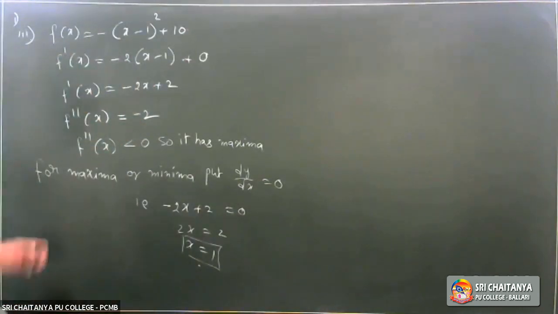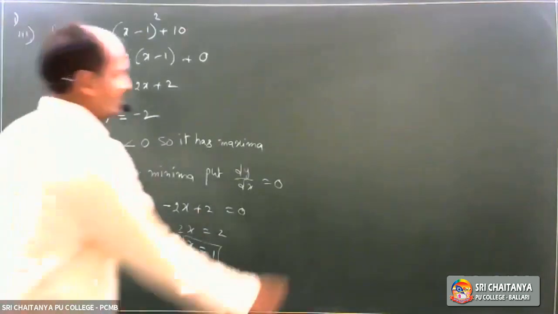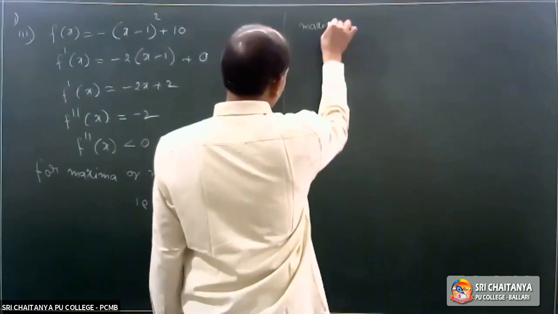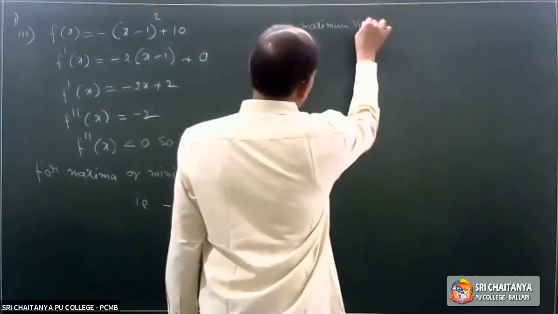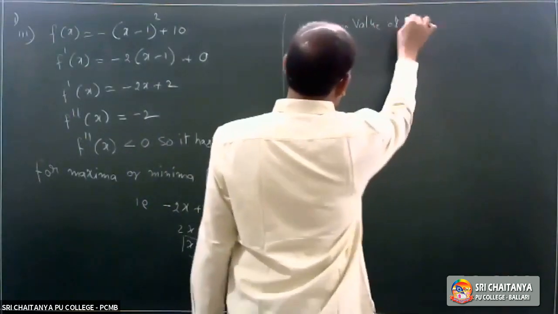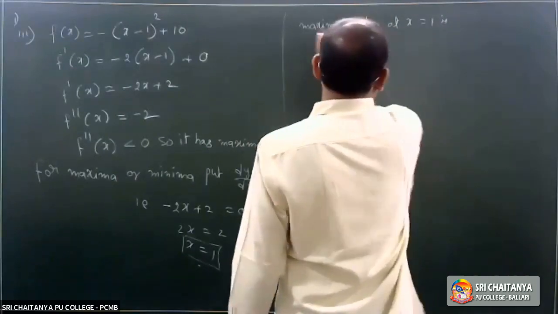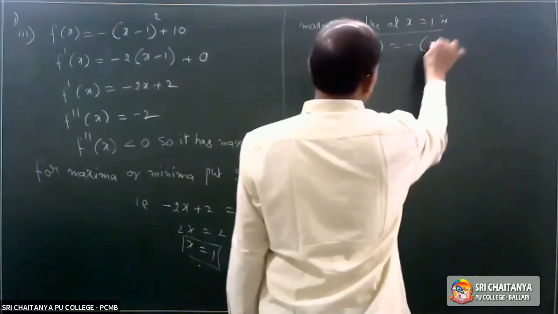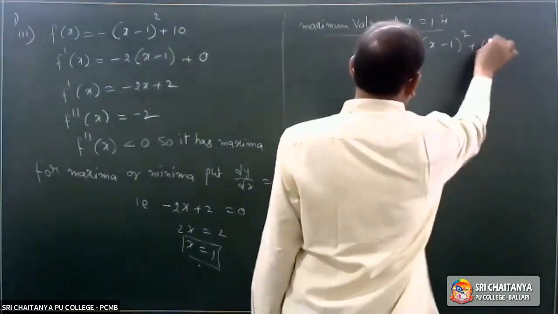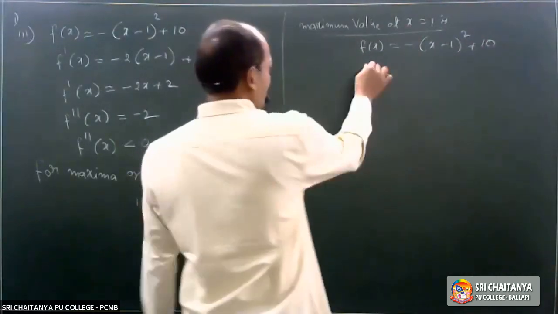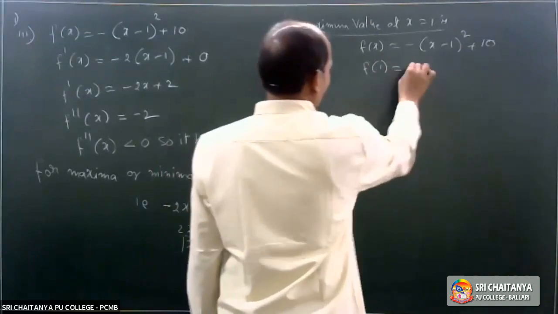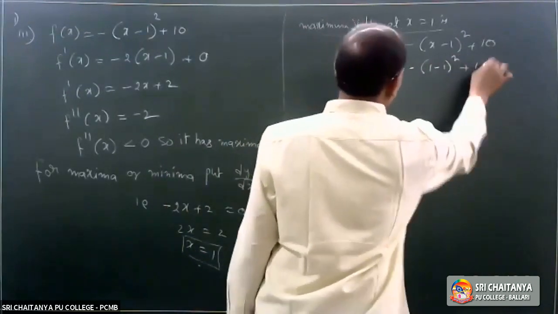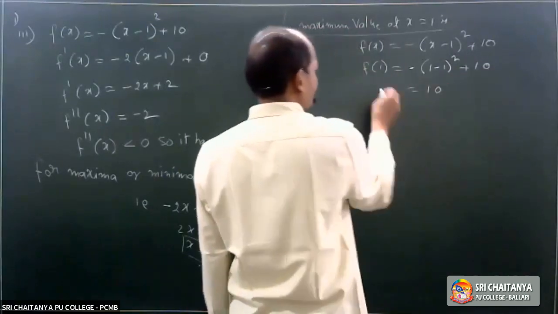Now the maximum value at x equal to 1: f of x is equal to minus of (x minus 1) whole square plus 10. So what about f of 1? It is minus (1 minus 1) whole square plus 10. We get 10.